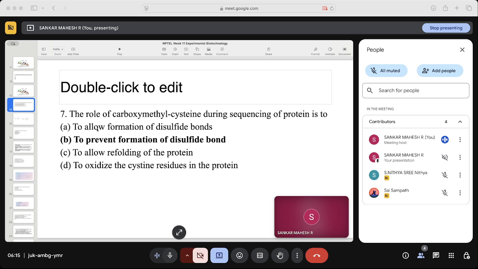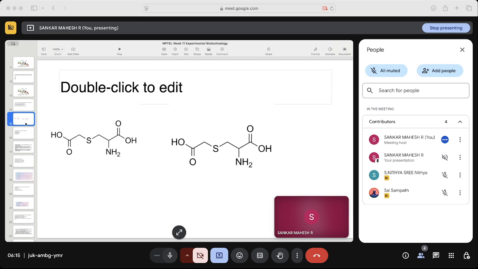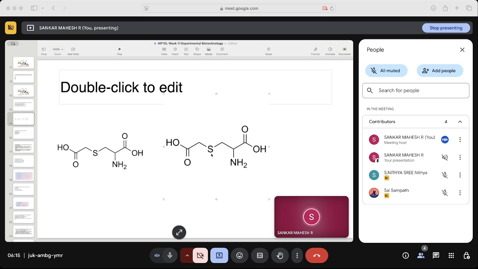Now, what is mentioned here is carboxymethyl cysteine. That is a modified cysteine. Okay, there's an issue with one of the pictures here. Sorry, I had pasted one as carboxymethyl cysteine, the other is normal cysteine. So what you see here, both are carboxymethyl cysteine.